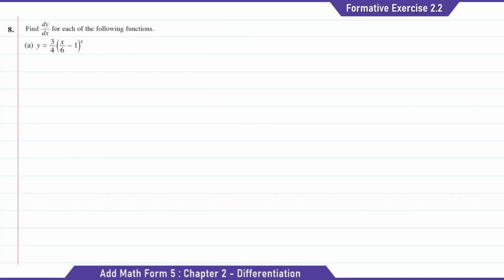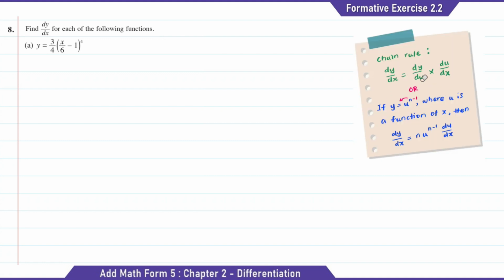Question number 8. Find dy/dx for each of the following functions. Here we can solve this using the chain rule. There is no need for us to use the product rule here, as the coefficient given here is just a constant without the variable x.